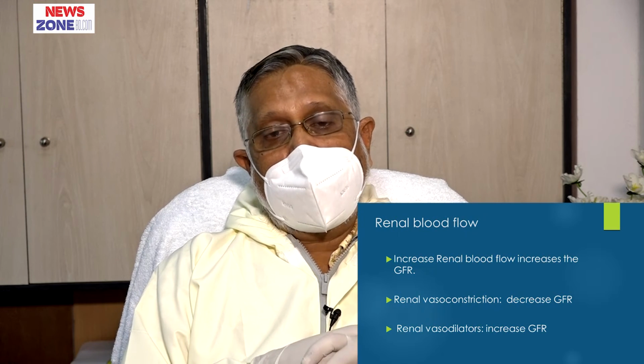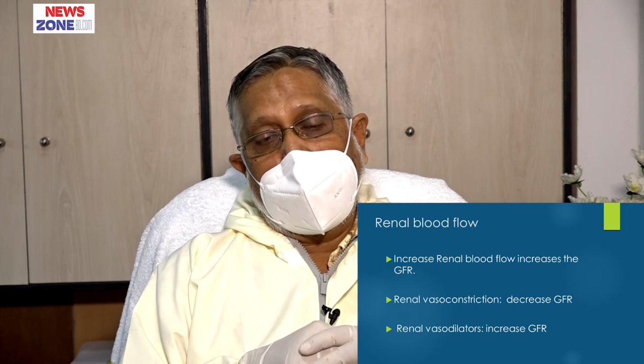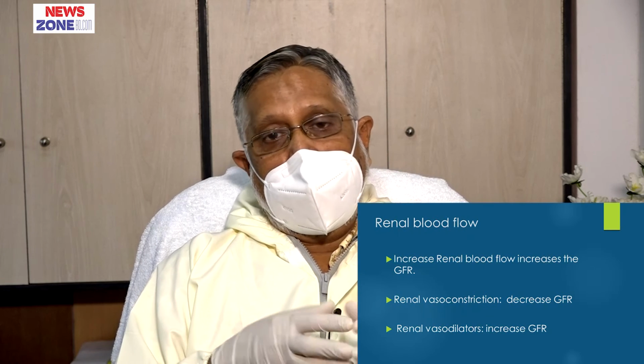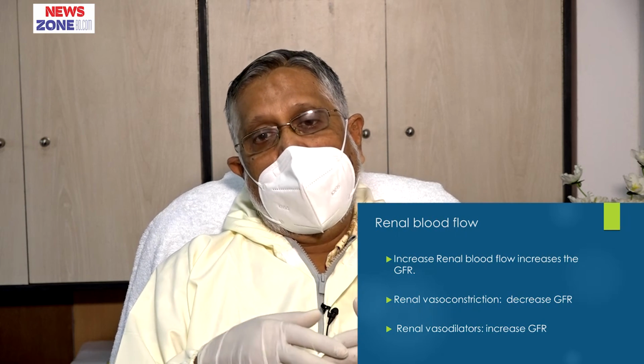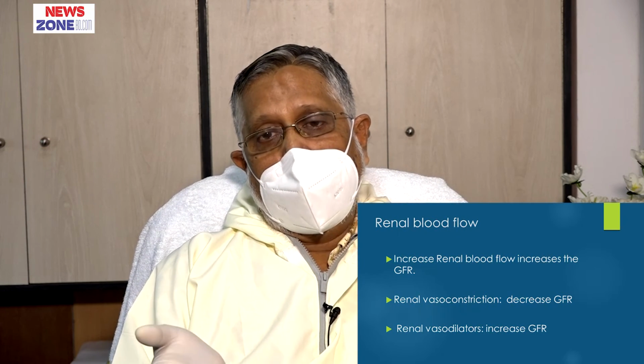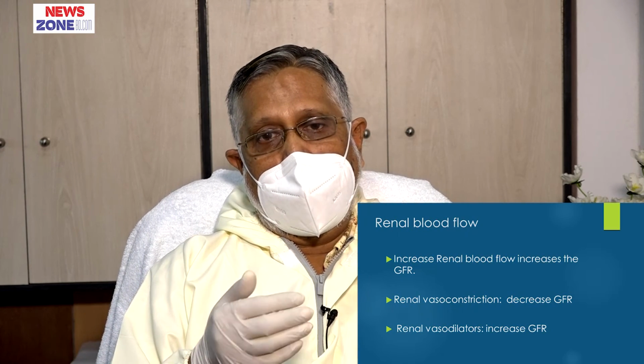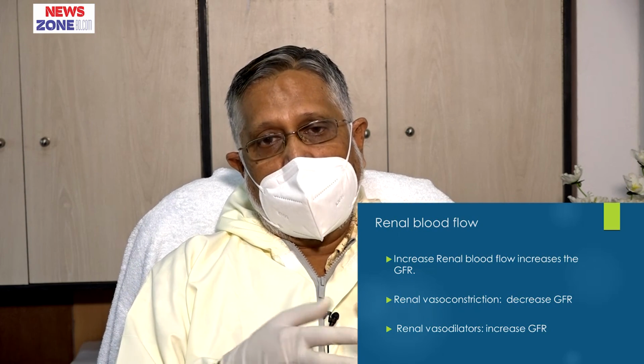Again, renal flow is very easy for you to remember: the more the renal flow, the more the GFR. If there is renal vasodilation, it will increase the GFR, and if there is renal vasoconstriction, then there will be decreased GFR. This is a very important question for you, both in the SAQ and in the oral examination.